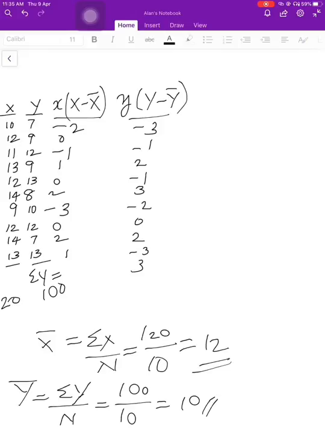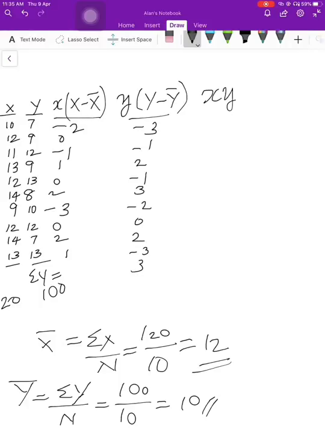Now let's see the value of x into y. We could go for x square or y square first, but for the time being let's go with xy. Minus 2 into minus 3 will be 6. In the same way, 0 into minus 1 is 0.